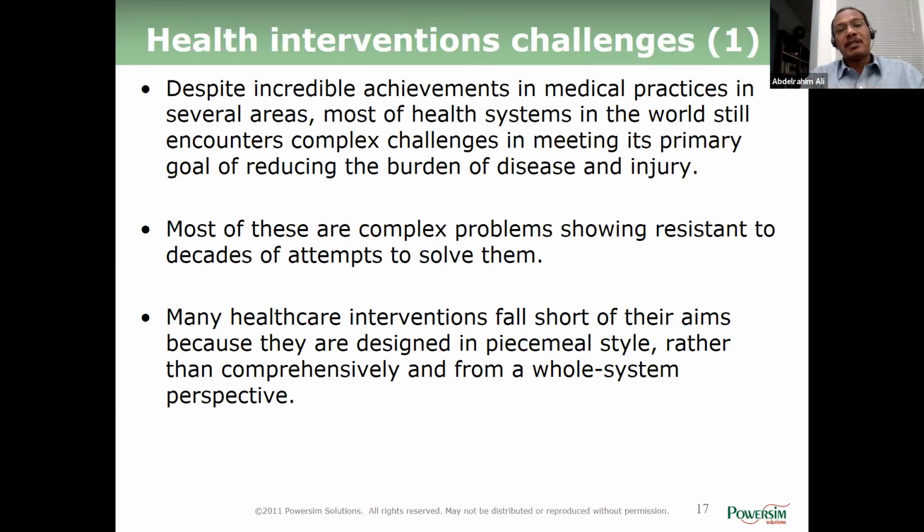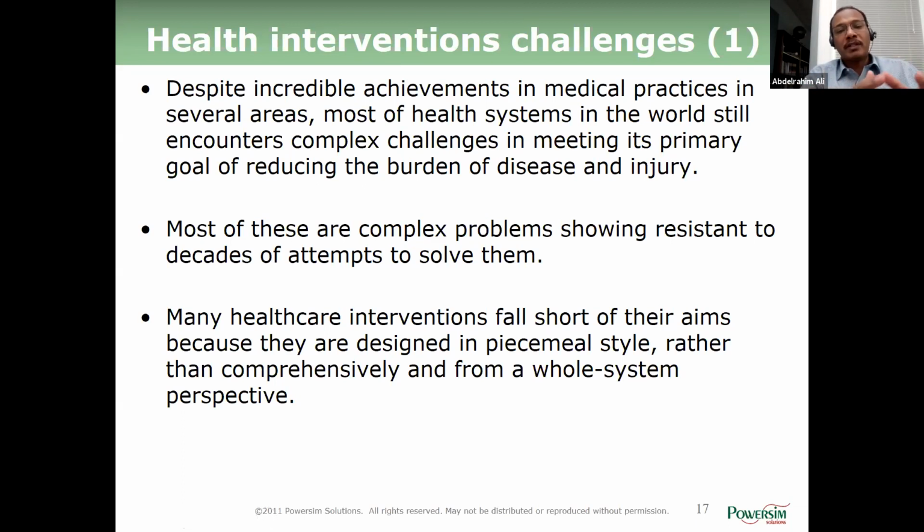Although we have good practices and very advanced technology, the world is still facing an increasing burden of disease and injury, because most of these problems are complex and show resistance to decades of attempts to solve them.